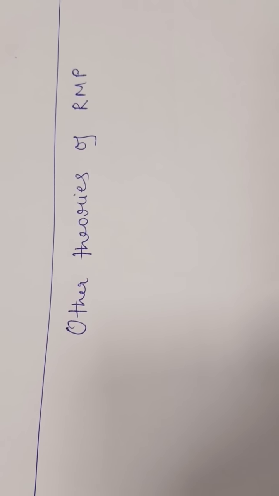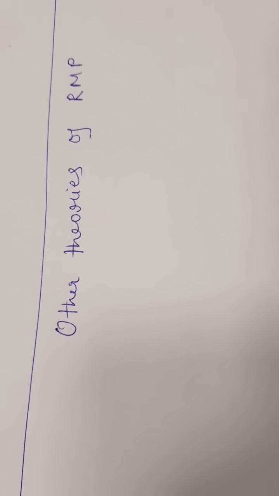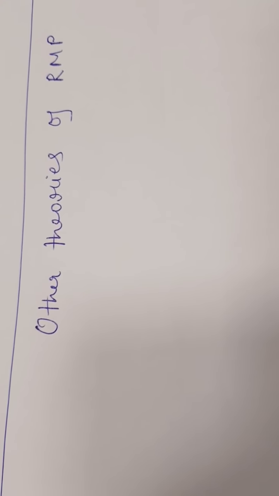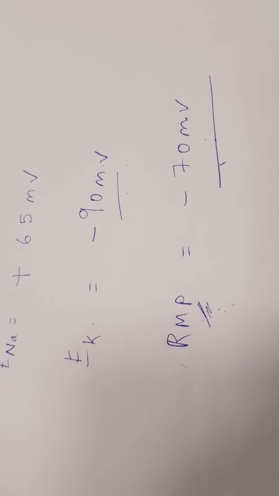So the Nernst equation says that when the membrane is only permeable to potassium, the equilibrium potential should be minus 90 millivolt, and thus the membrane potential should be minus 90 millivolt. But by measurement we see that the RMP is minus 70 millivolt.